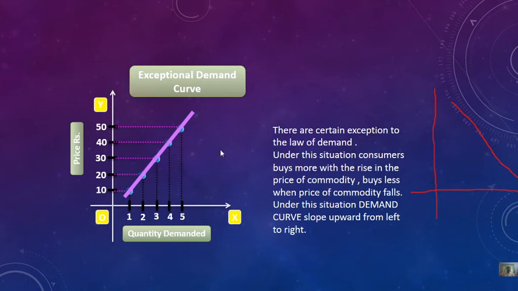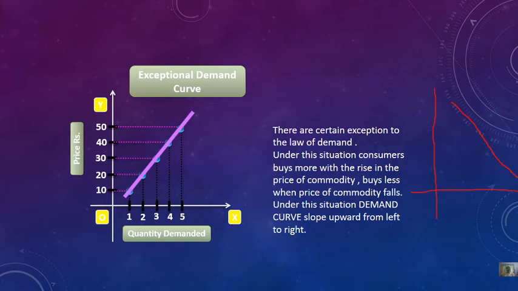What happens in the normal demand curve? The normal demand curve slopes downward from left to right because it is the tendency of the consumer to buy goods when their prices are lower.